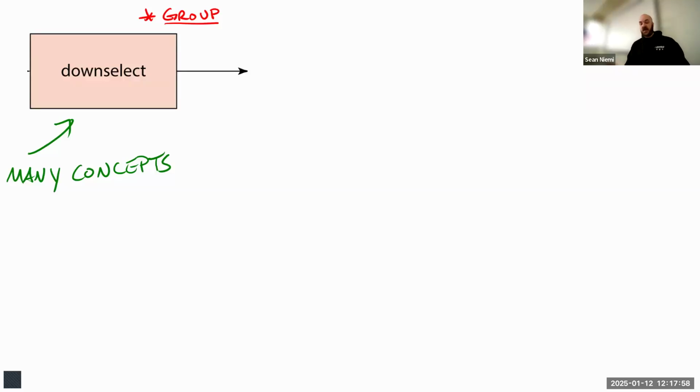And our output here, what we want here is the best design for our requirements. That is what we are hoping to get out of this process at this stage: what design is going to be the best one to move forward with, what concept is going to be the best one to move forward with to work on finalizing.